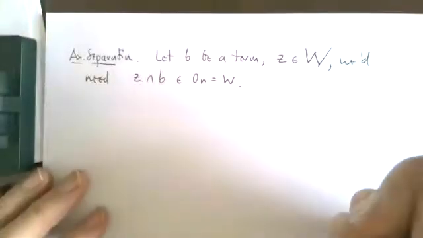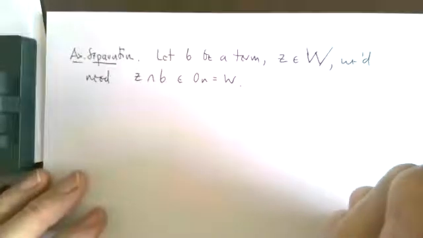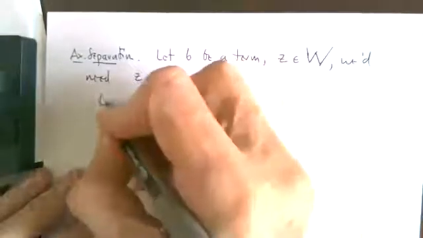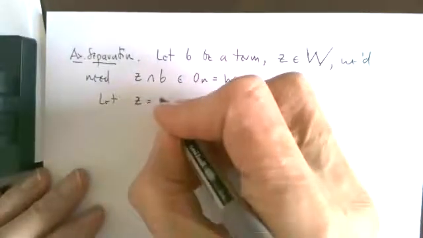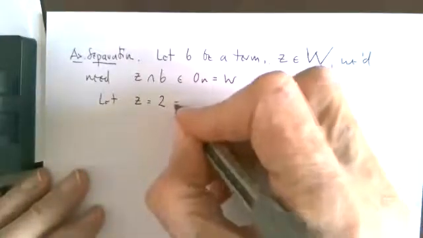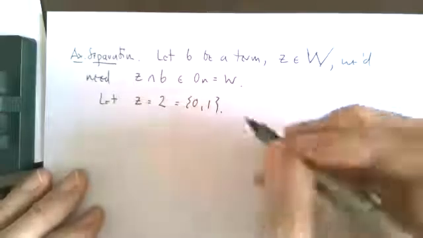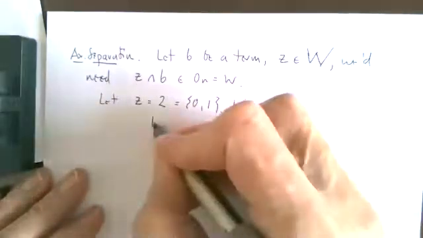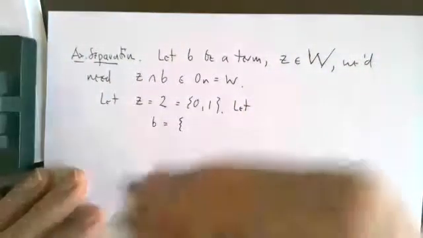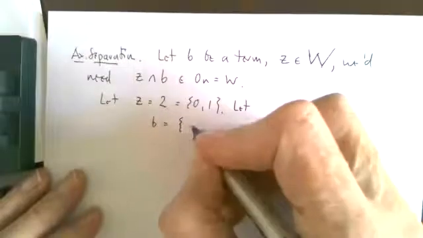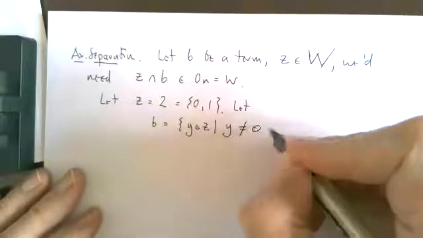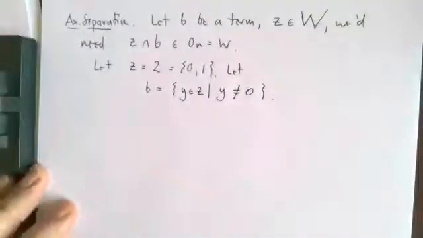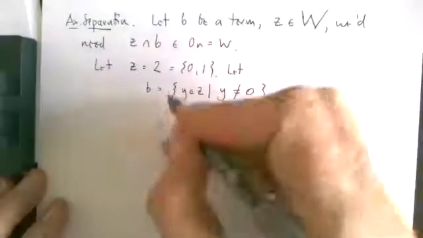Let's just say let Z be 2. So it's just the ordinal 2, which is just 0, 1, remember. And let B be the collection of ordinals such that Y is not the empty set. Okay, this is a perfectly good term.